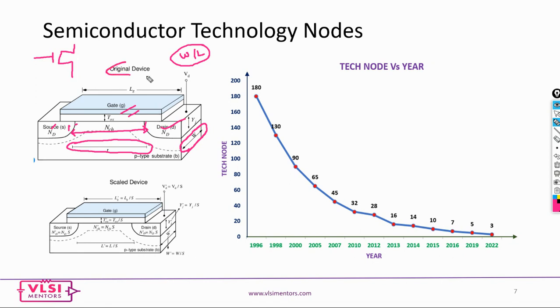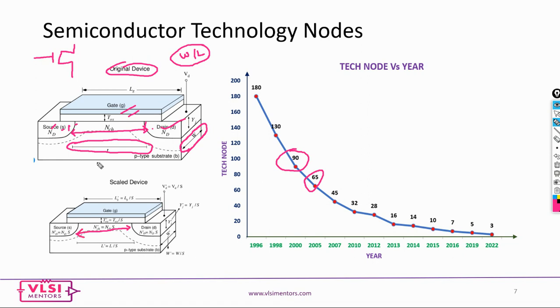Assume this is your original device at 90 nanometer. When you go to 65 nanometer, the distance between your source and the drain is reduced.